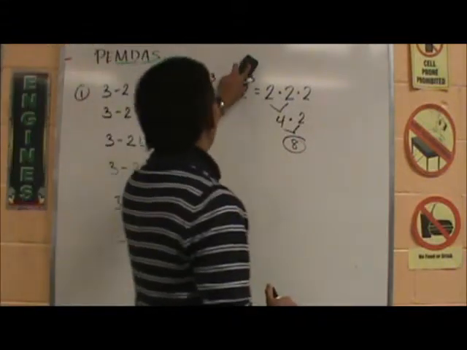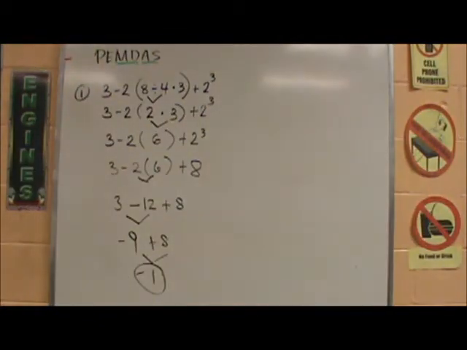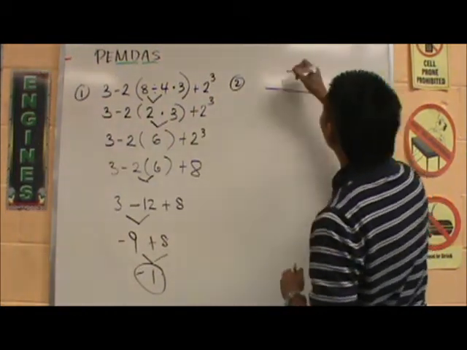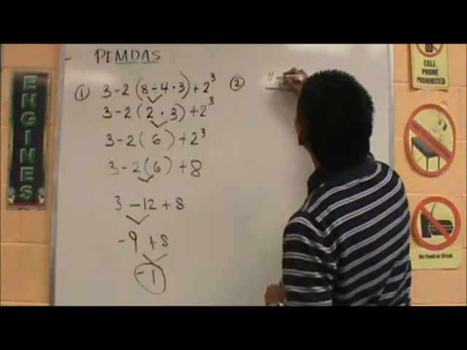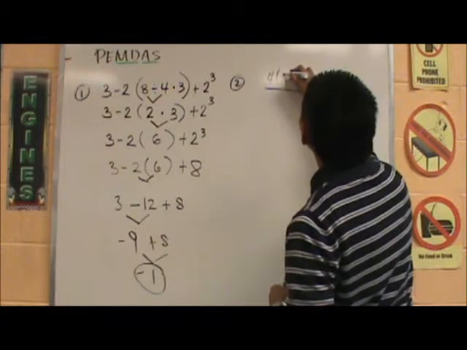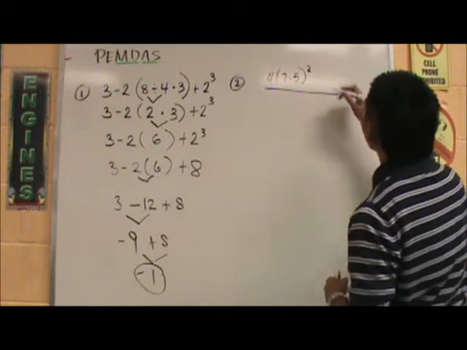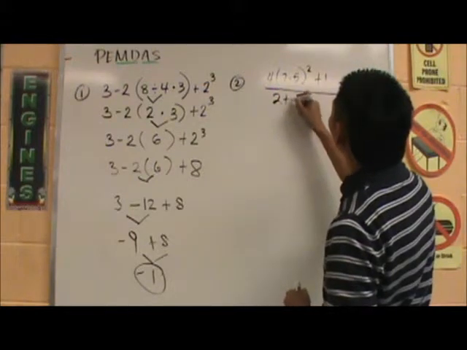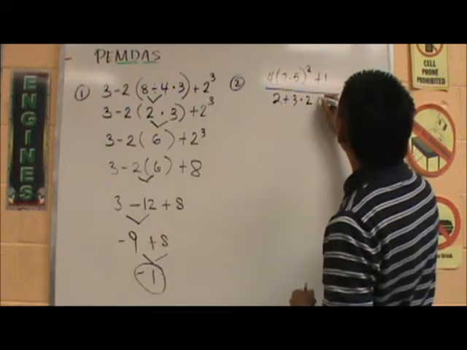Okay? So how about having number 2? How about having 4 times parentheses 7 minus 5, squared, plus 1, over 2 plus 3 times 2 minus 1.